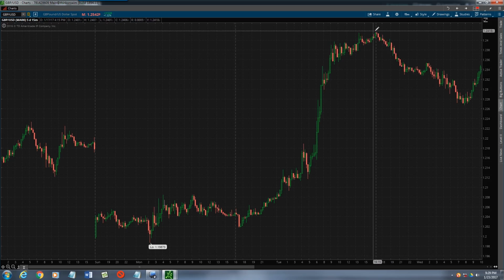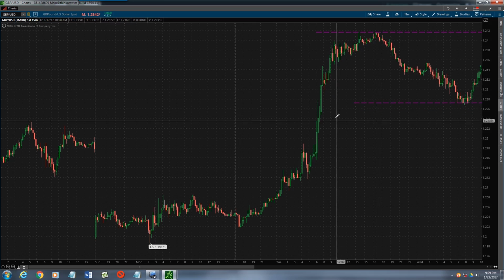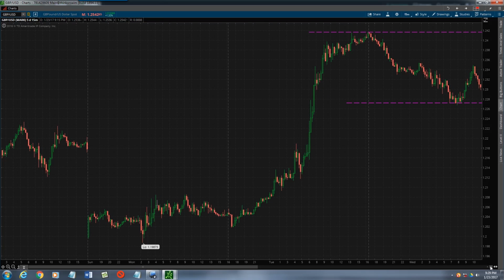Okay, so right here we're going to say that's a resistance point, right? Price came up, couldn't break through that, and we're going to say this is a support point. So let's see how things develop as we move. And also to here, this is kind of a double top, so we'll say that was resistance at that price level.